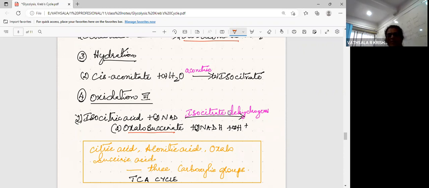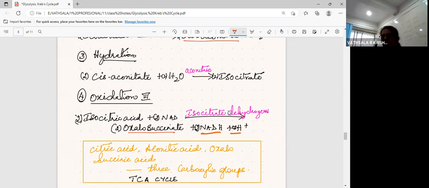So then isocitric acid. With oxidation, isocitric acid becomes oxalosuccinic acid, where NAD forms NADH and H. So this is the first energy precursor formed. How many are formed? Keep counting. Is oxalosuccinic acid given in your textbook?